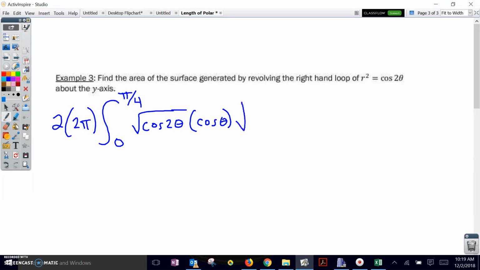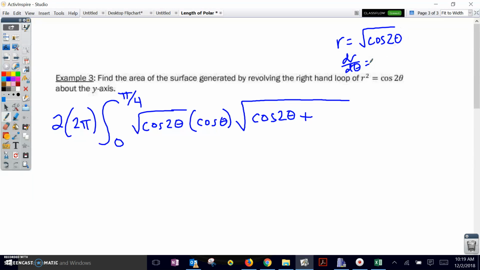And then I need the arc length. I need the square root of r squared plus dr d theta squared. And if I take the derivative of r equals square root of cosine of 2 theta, dr d theta equals 1/2 times cosine of 2 theta to the negative 1/2 times the derivative of the inside, which is negative 2 sine of 2 theta.